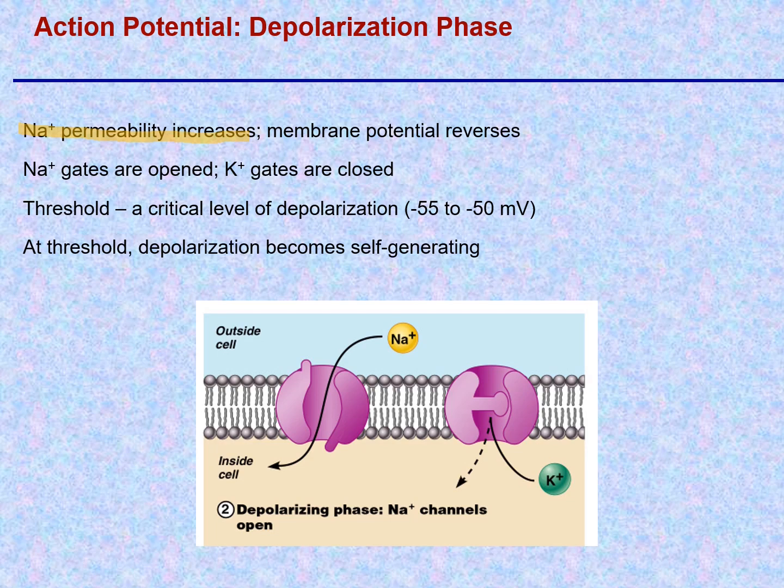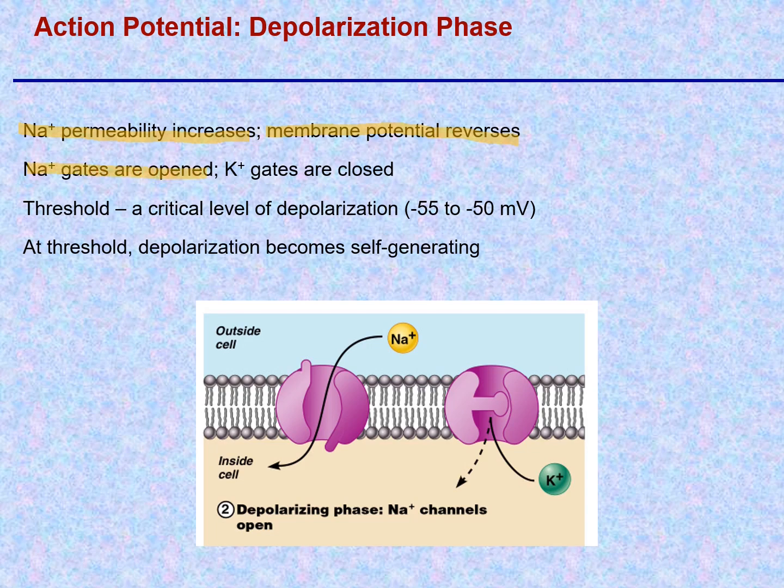Okay? If you have a depolarizing event, it will allow voltage-gated channels to open, and you have sodium leaking in or moving in through the channel, and the membrane potential can in fact hit threshold. If it does reach threshold, you get a rapid reversal.